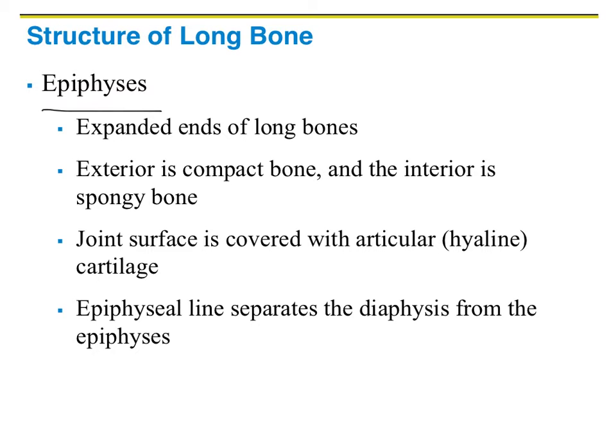In children, this is referred to as the epiphyseal plate, because it contains cartilage that's still growing and undergoing mitosis for interstitial growth. The plate will be replaced by an epiphyseal line in adults when the bone stops growing interstitially.